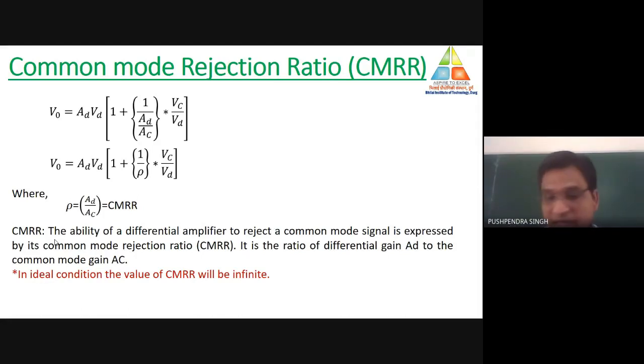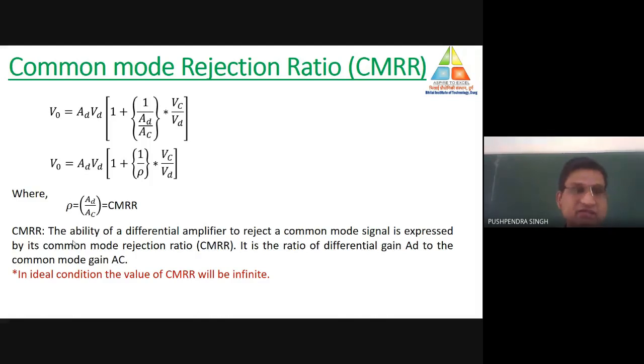So what is CMRR? CMRR is the ability of the differential amplifier to reject a common mode signal, expressed by its common mode rejection ratio. So it is basically the ability of the differential amplifier circuit to reject the noise signal present in the circuitry.